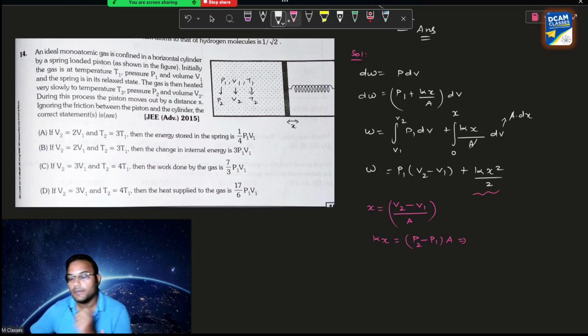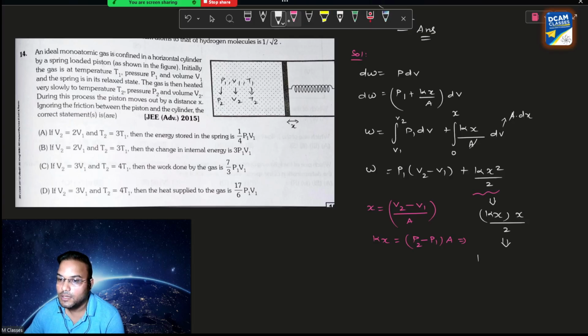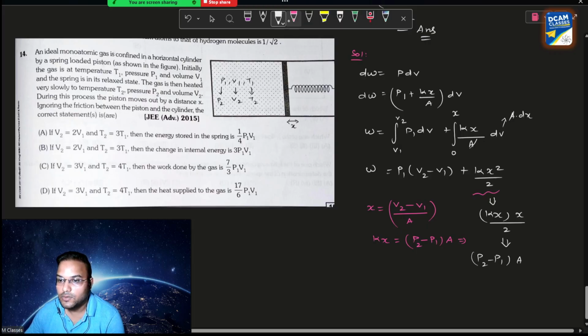The result will be kx into x by 2, so it will become (P2 minus P1) into A into (V2 minus V1) by A, by 2. A will get cancelled. So the work done is P1 into (V2 minus V1) plus (P2 minus P1) into (V2 minus V1), whole divided by 2.